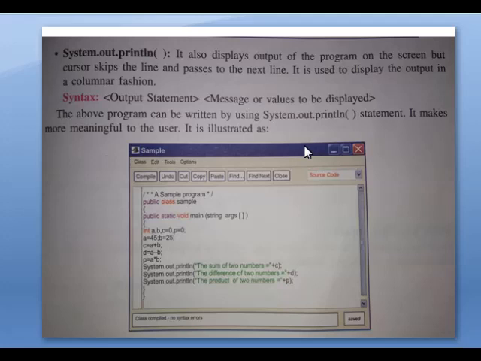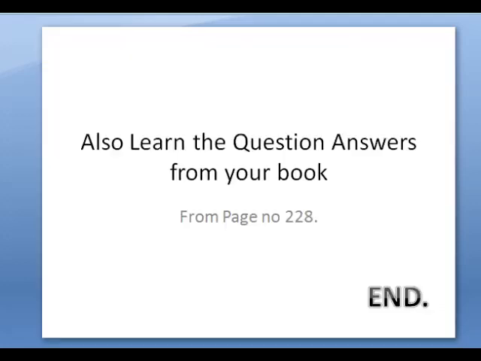So whichever book you feel is easy, take that book and prepare. In the class 12th book also there are many question answers, but the explanation part is missing in that book. The question answers are on page number 228, so try to learn those questions also. So this is the end of this chapter, objects.